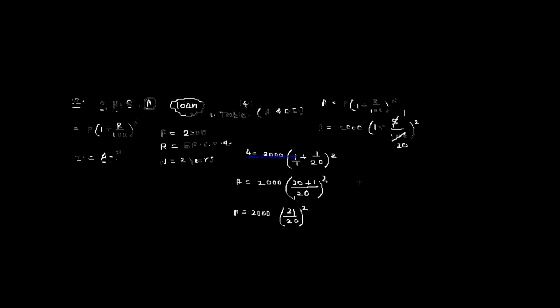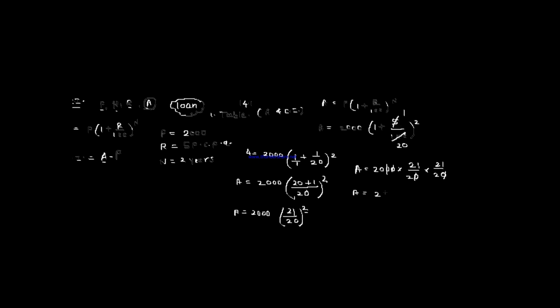Now there is no further scope for simplification of this fraction, and there is a square, so we will not hurriedly square the numerator and denominator. We will simply write it two times: 21 upon 20, and again 21 upon 20. Now you go for the cancellation part. 0 and 0 cancel, 0 and 0 cancel.